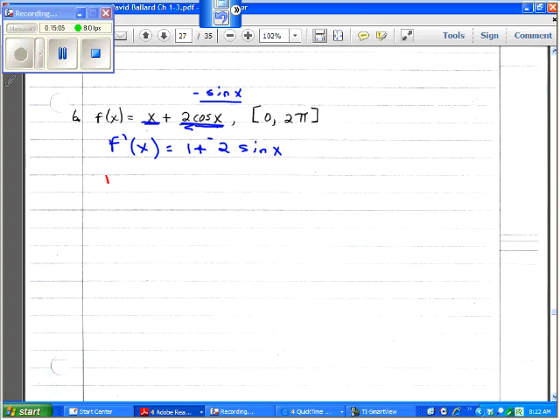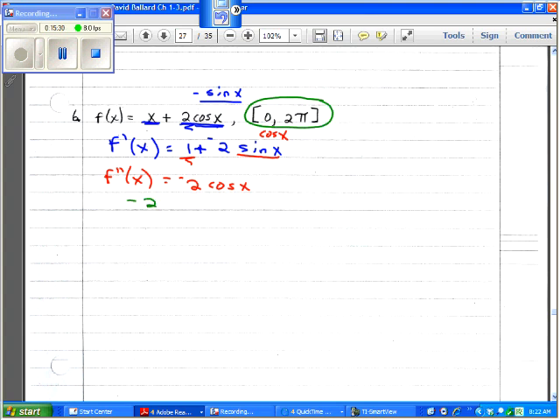And then when we do the second derivative, the derivative of the constant goes out. Now the derivative of sine x is cosine x, so our sign doesn't change here, so now we're going to have negative 2 cosine x. So there's my second derivative. Now it does give us an interval, right?